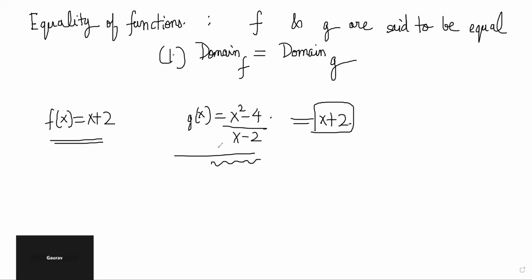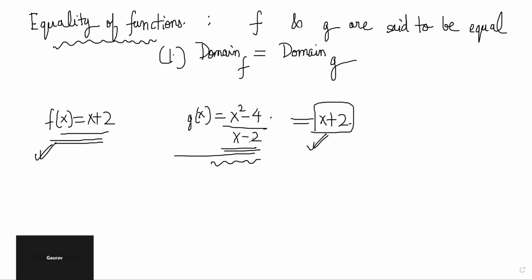Any normal value of x, if you take not 2, you will get the same answer, right? Two functions look like they are equal, but they are not going to be called equal because actually the domain of the functions is different. Here the domain is all real numbers. Here the domain is all real numbers minus 2.